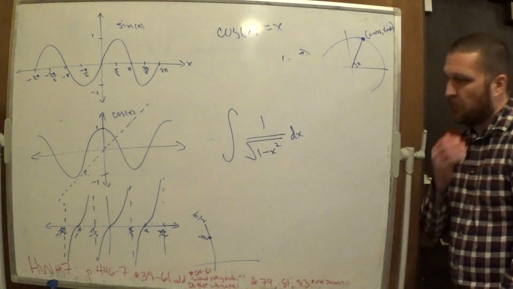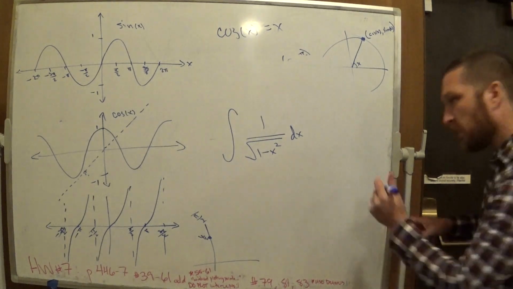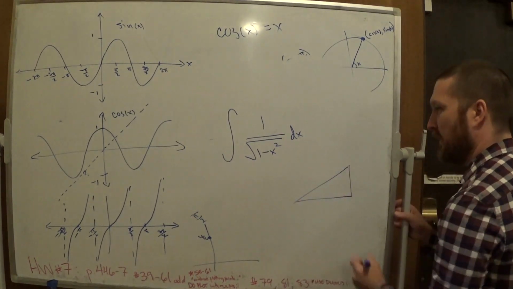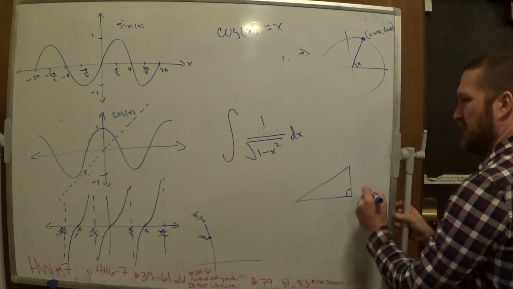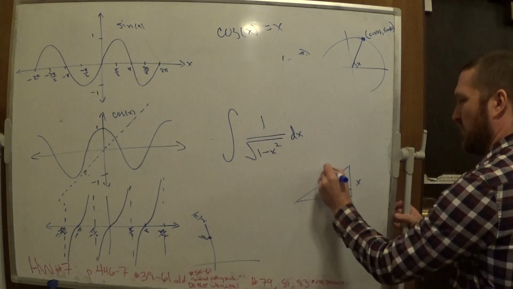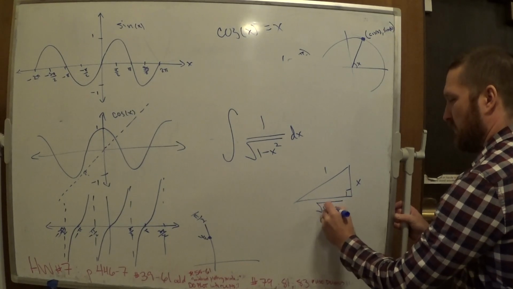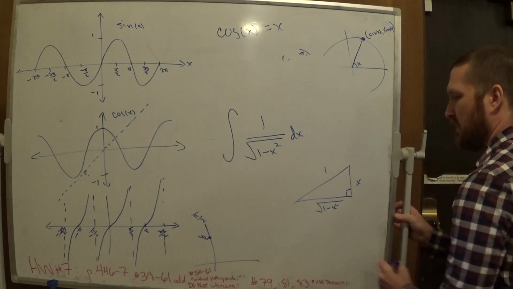But when you stop and go, wait a second, this looks like a triangle. For instance, if I have an x here and a 1 there, then this turns out to be the square root of 1 minus x squared.